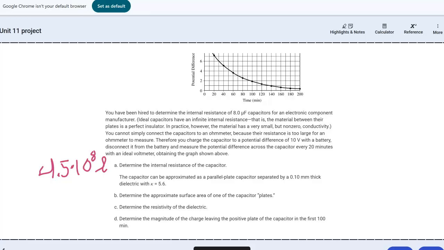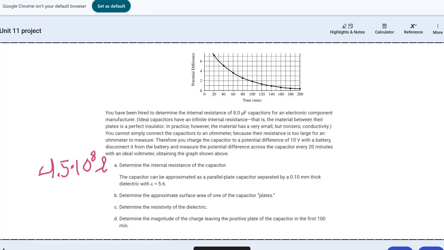So when the time has elapsed exactly one time constant, the voltage drops to about 37%, and that's what I did, 0.37. So, determine approximate surface area. So that's our physics fact.